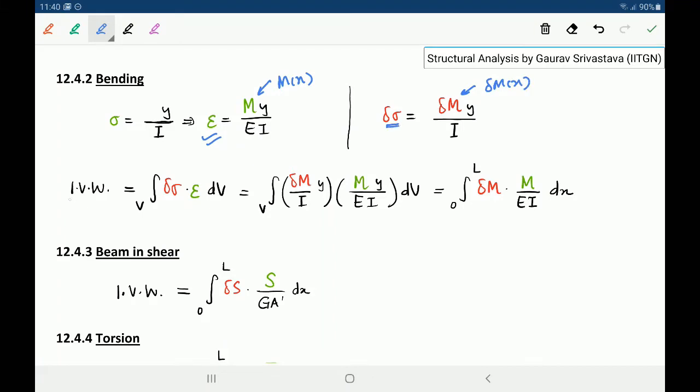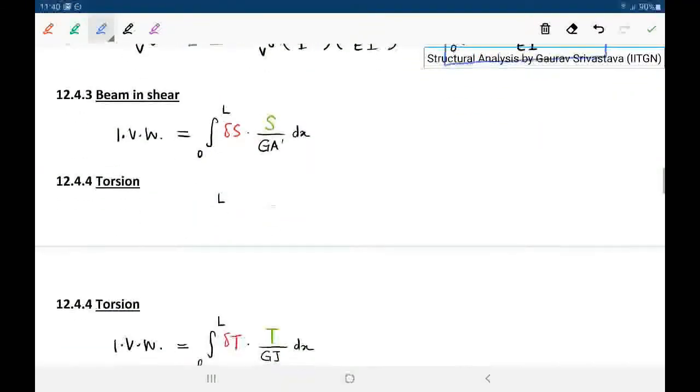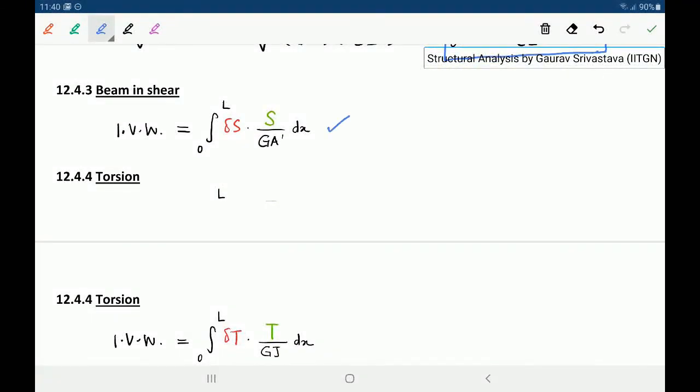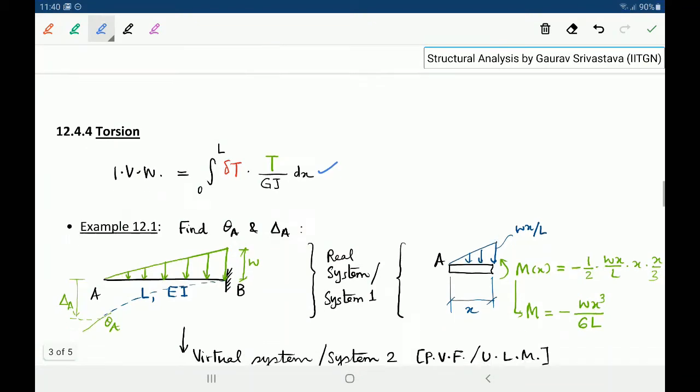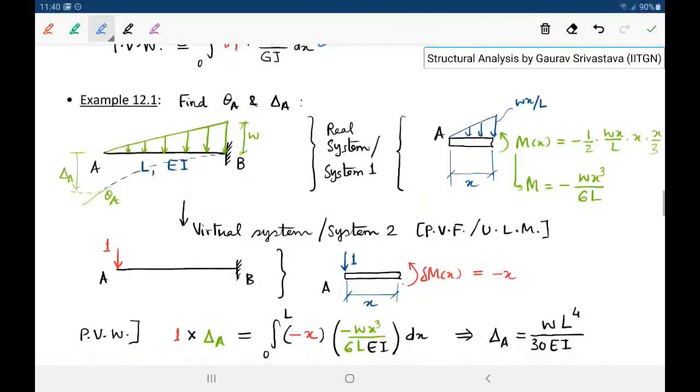So the internal virtual work is the integral over volume of virtual stress times real strain dV, and the virtual stress comes from here and the real strain comes from here, and eventually we reach this expression for the internal virtual work for a beam in bending. Similarly, one can generate expressions for internal virtual work for a beam in shear and for a shaft in torsion. Okay, so let's look at an example.